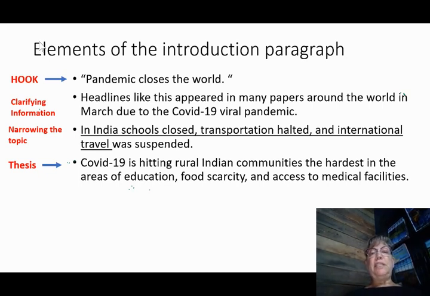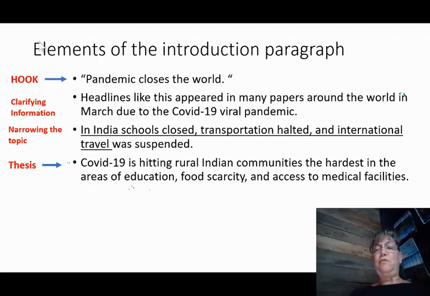So COVID-19 is hitting rural Indian communities the hardest in the areas of education, food scarcity, and medical facilities. The important thing with this, before we move on to the body paragraphs in just a minute, is that you've listed three things.